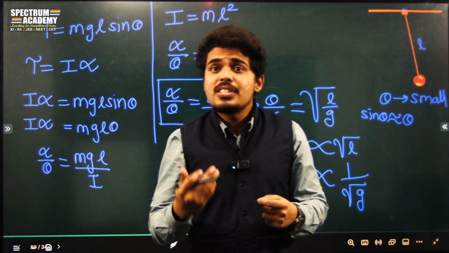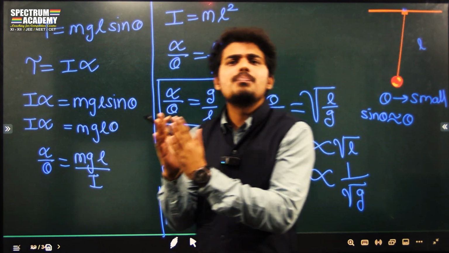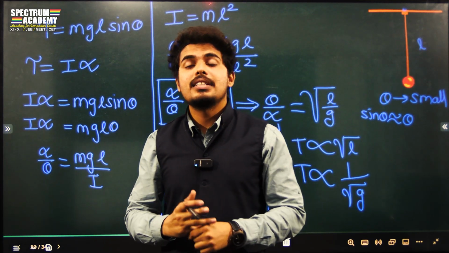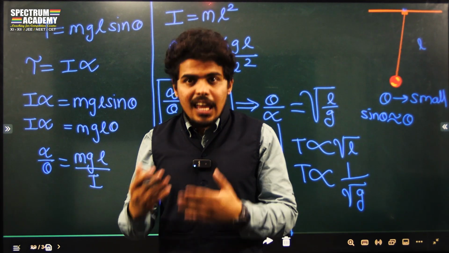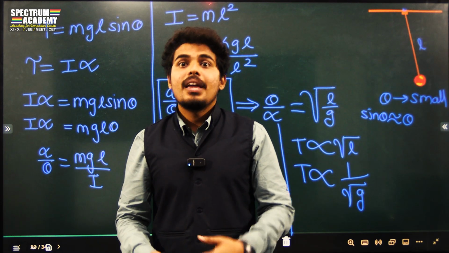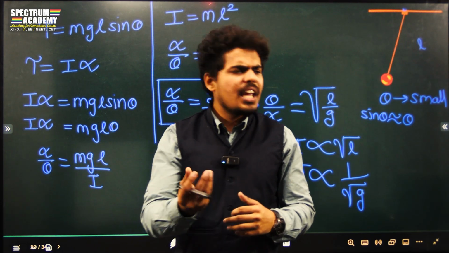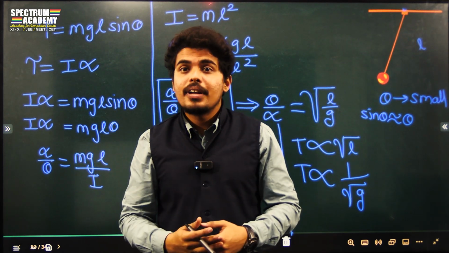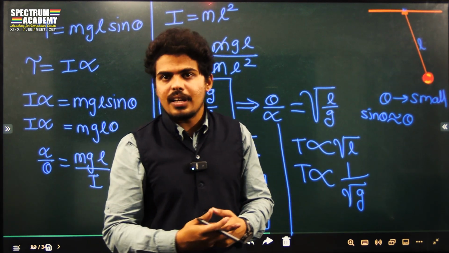After that, we will see some interesting things. If the simple pendulum is in a moving car, then what will be its period? If the simple pendulum is in a liquid of some density ρ, then what will be its period? These are quite interesting examples.